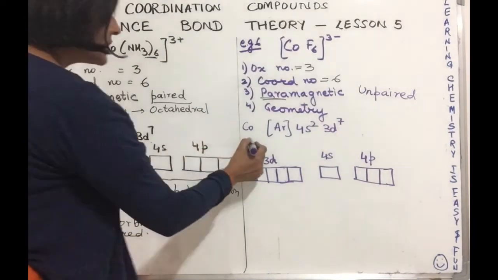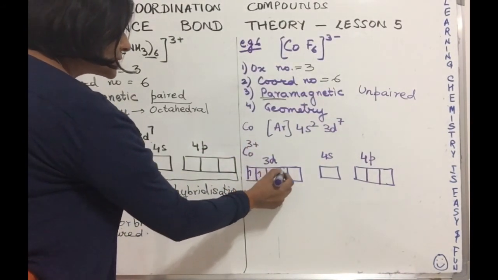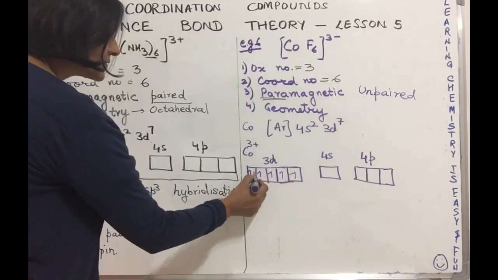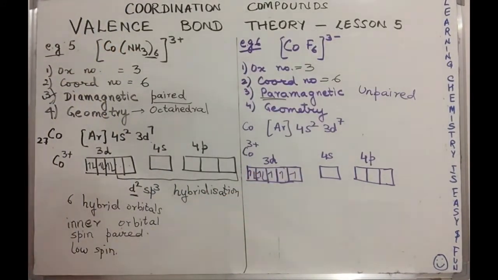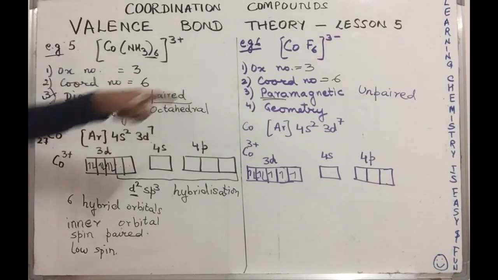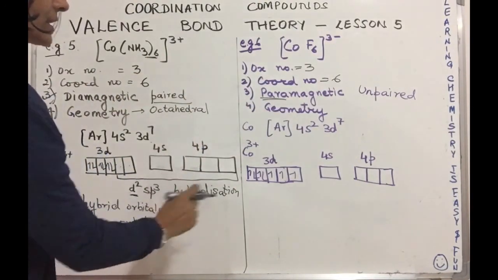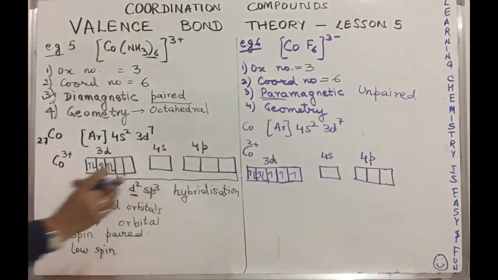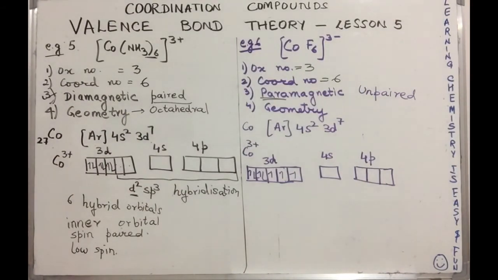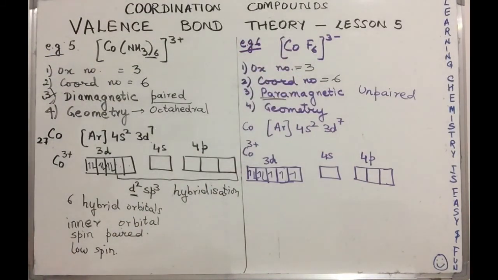Now cobalt 3 positive. 1, 2, 3, 4, 5, 6 and 7. Right? Because cobalt loses 3 electrons in order to come to oxidation number 3. Unpaired electrons. Perfect. Unpaired electrons are here. We are playing safe. Now, we have to accommodate 6 ligands.